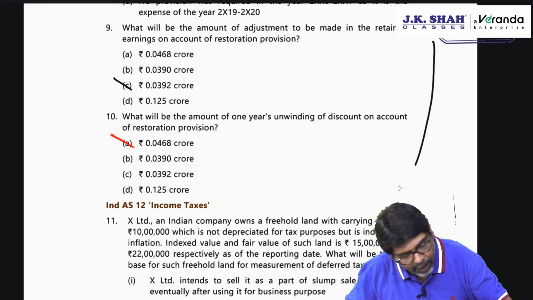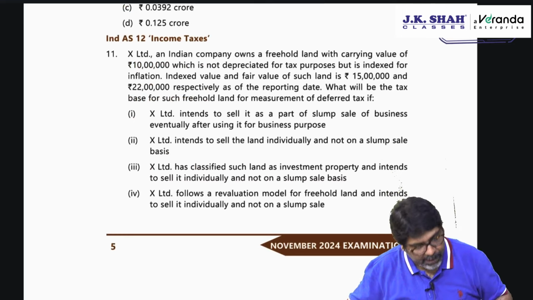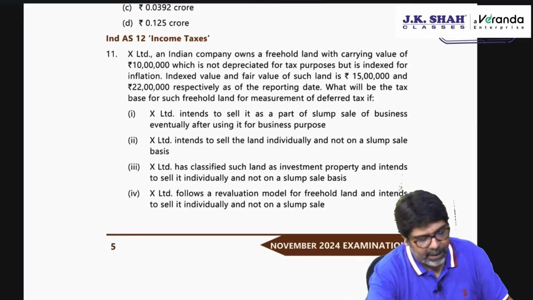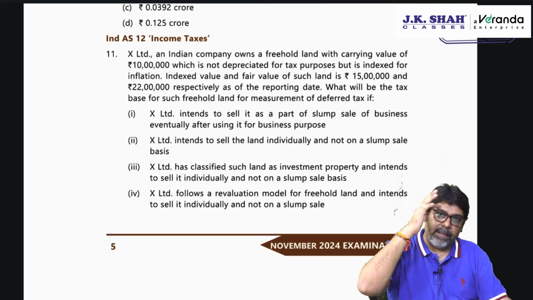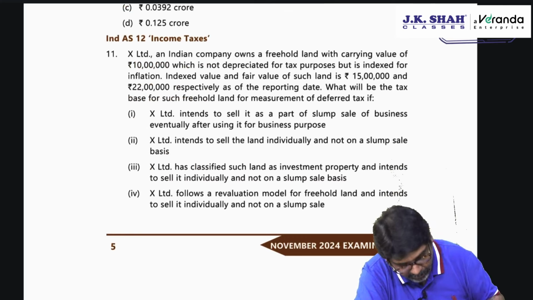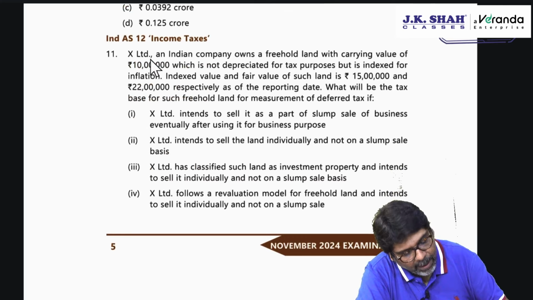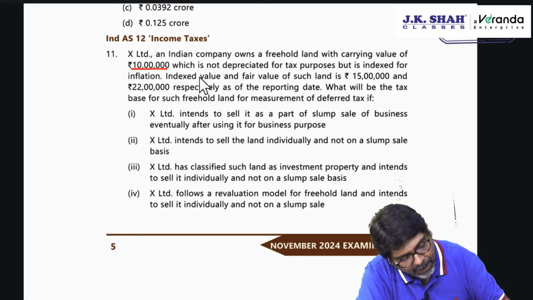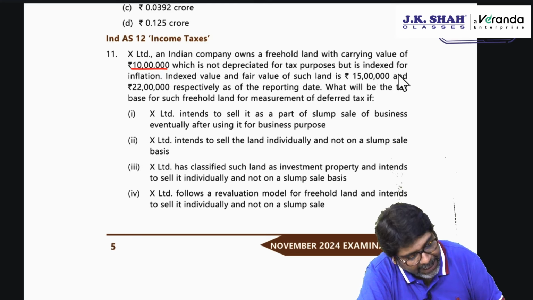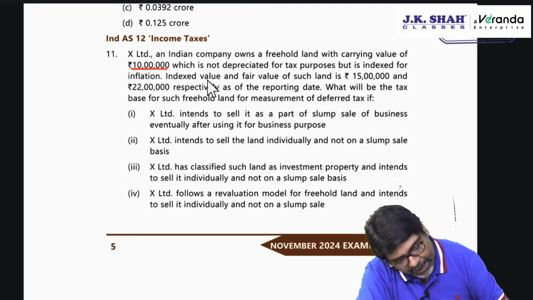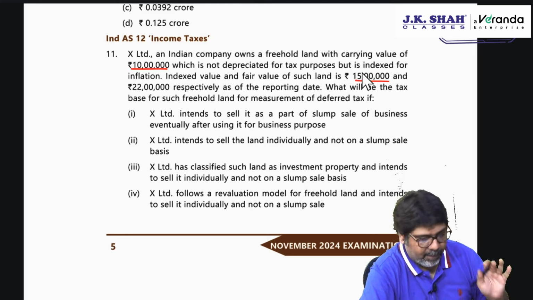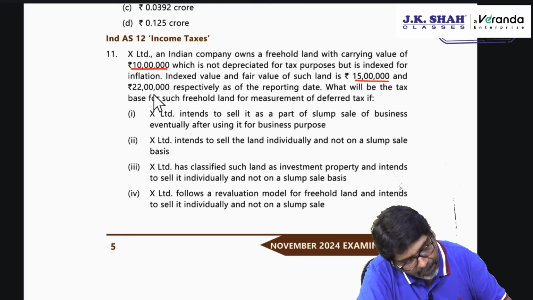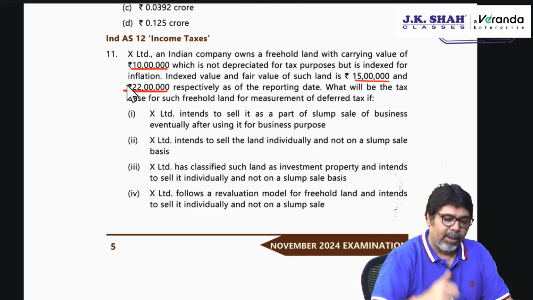Now, question number 11. X Limited is an Indian company, income taxes, deferred tax, Ind AS standard. An Indian company owns a freehold land with a carrying value of 10 lakhs, not depreciated for tax purpose, but it is indexed for inflation. Indexed value is 15 lakhs and fair value is 22 lakhs.